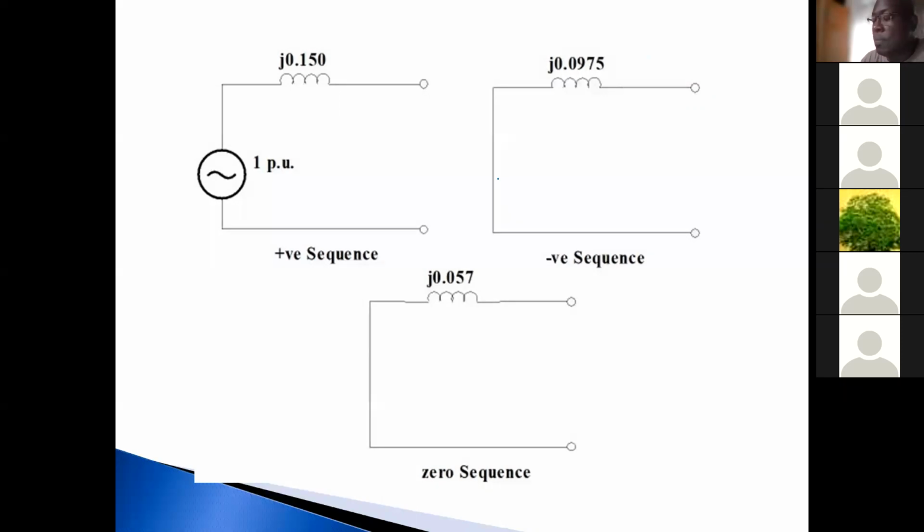All right. So we have the 3 networks, and we're asked to calculate the per unit current flowing into the fault. All right, so what's the first thing we need to take note of? So Clark. Marcel? Yes, sir. What's the first thing we need to take note of?